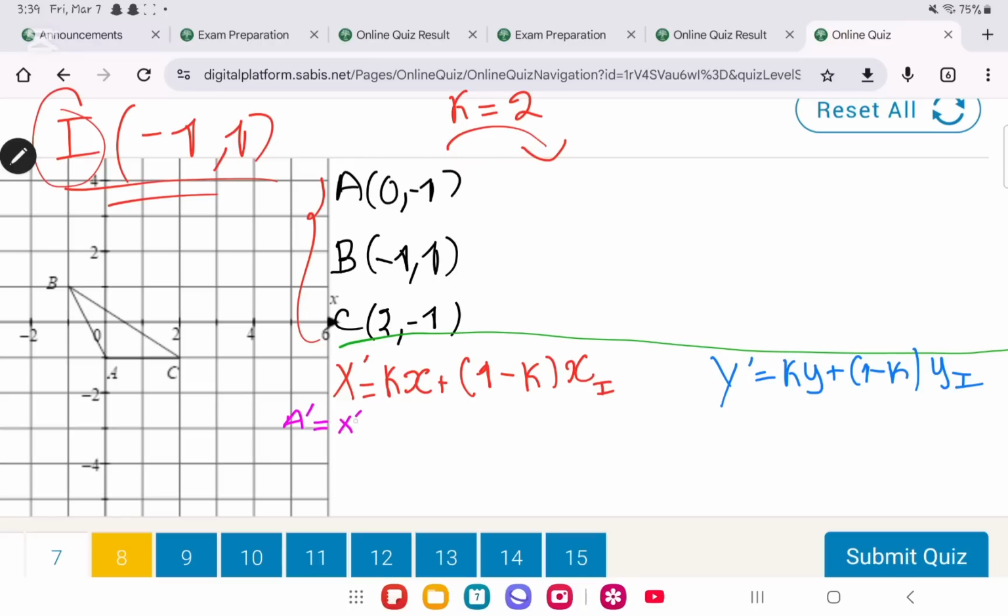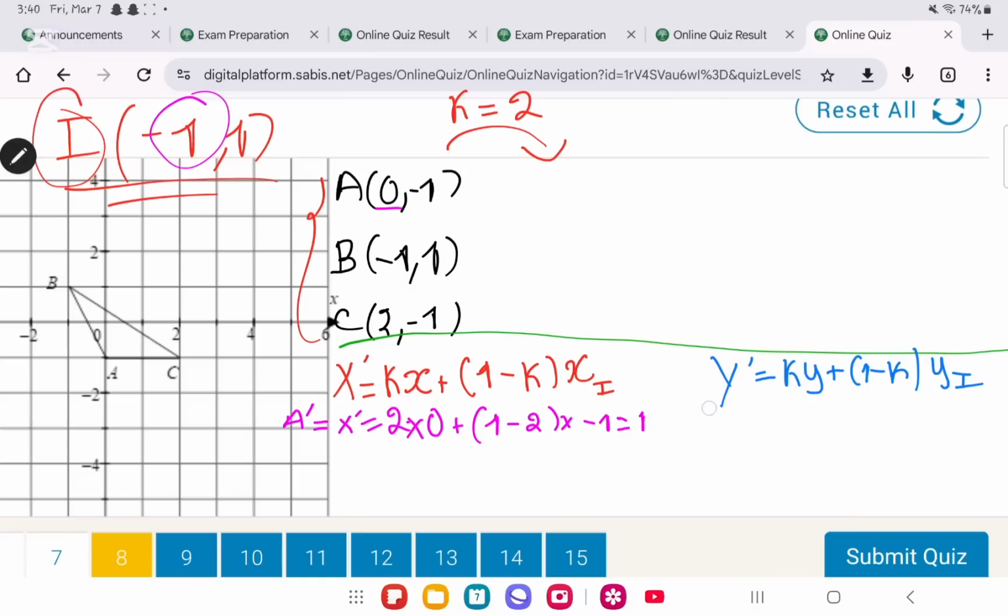To find its x prime, it is very simply gonna be the constant, which is 2, times the x of A, which is 0, plus 1 minus the constant, which is 2, times the x of the center, which is minus 1. And this will give us an answer of 1.